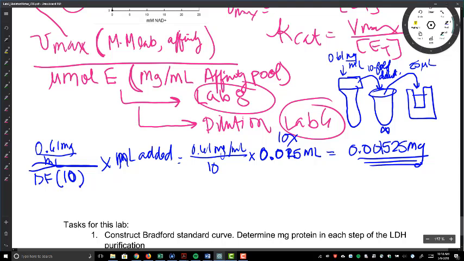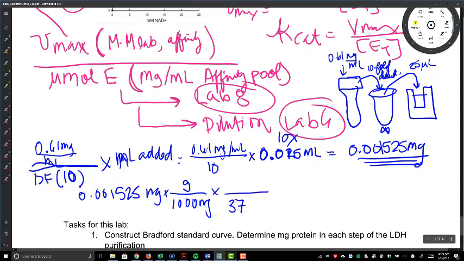So now that we have the milligrams, we have to convert milligrams into micromoles. And so if we have 0.001525 milligrams times 1,000 milligrams per gram, divided by the molecular weight of LDH, because again, we're doing this per monomer.